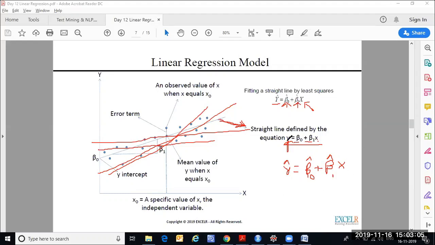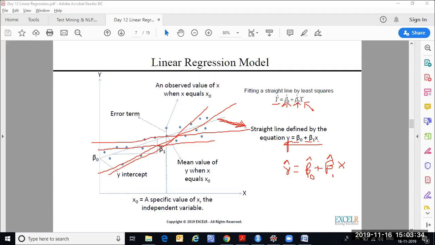So how will this line be finalized, how will this line be selected out of all these n number of lines? We take this line as the finalized one depending on whichever line has got the least distance with all the data points.